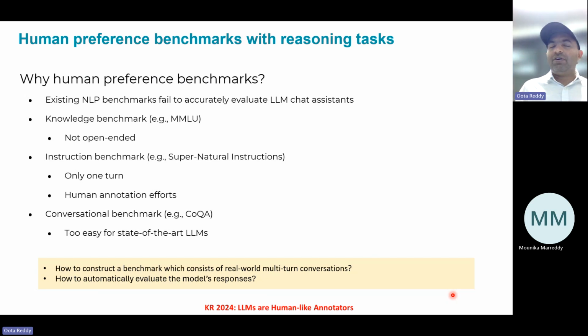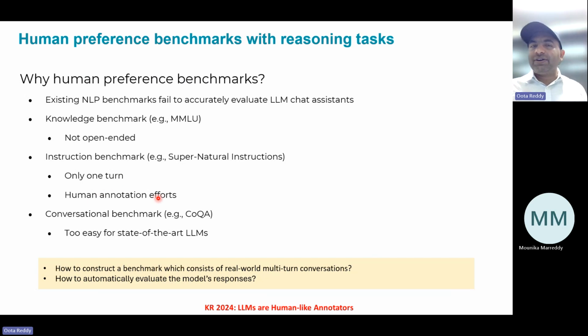That is not an open-ended way of evaluation. Instruction benchmarks, like Super-NaturalInstructions, but only one turn. There are some instruction benchmarks which are real world, but only one turn, where every user only provides one response, and here the problem is human annotation effort.